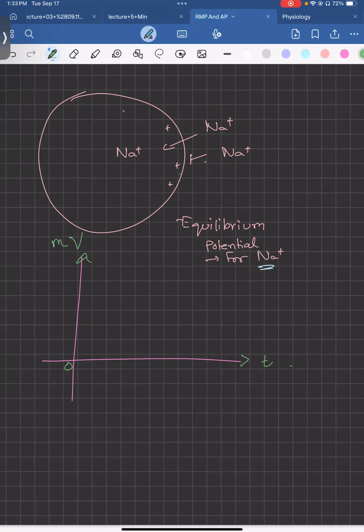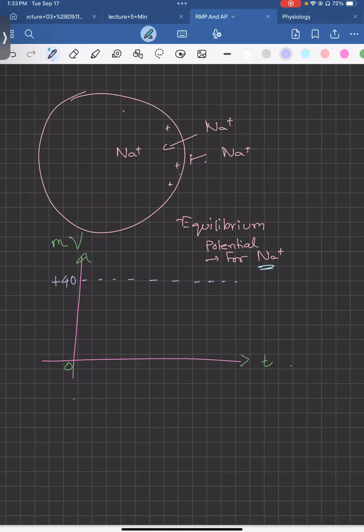This is time, I guess. I said there has to be a point where the membrane is positive enough where sodium would not want to come in anymore. So sodium is not going to move. That point is plus 40.